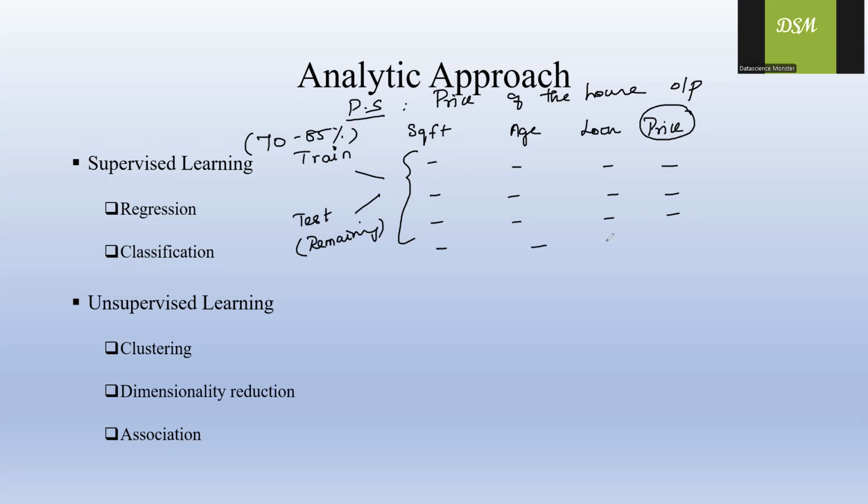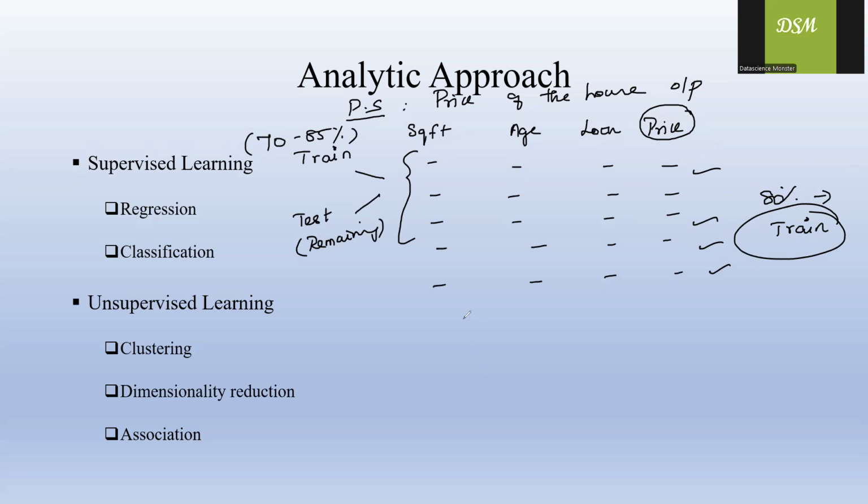So assume that for now, 5 observations are there. Just I'm taking 80% for train data, which means that 4 observations randomly are picked for train data. Hope it is clear. So based upon the square feet, age of the house and the location, we are trying to predict the price.